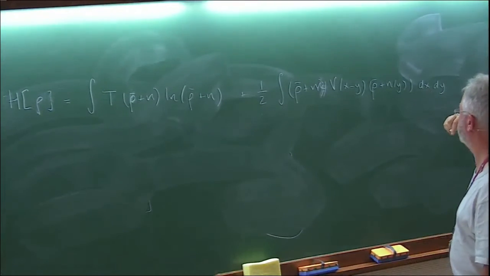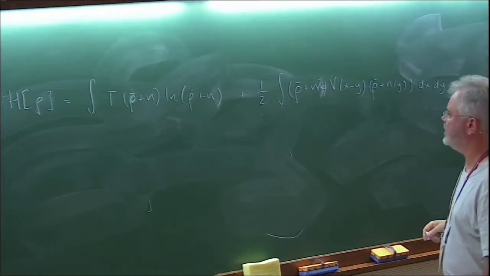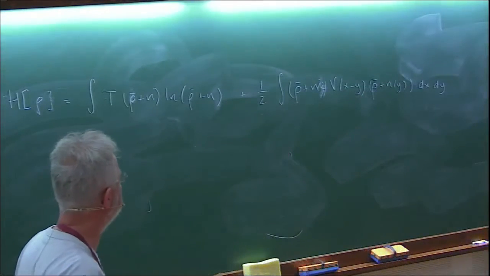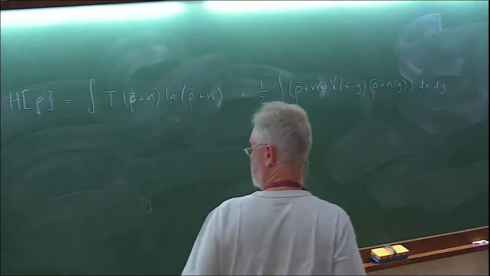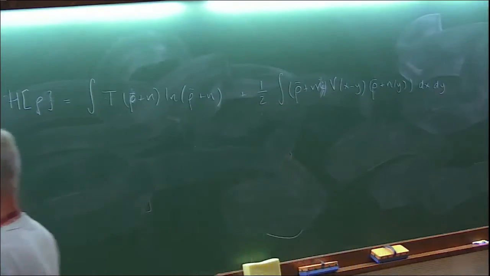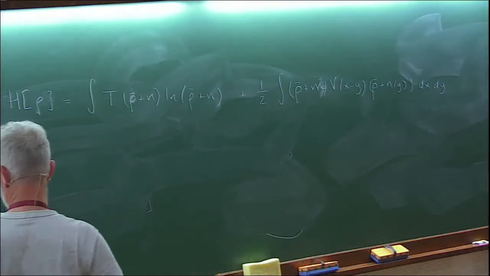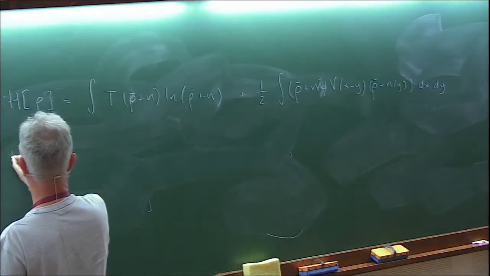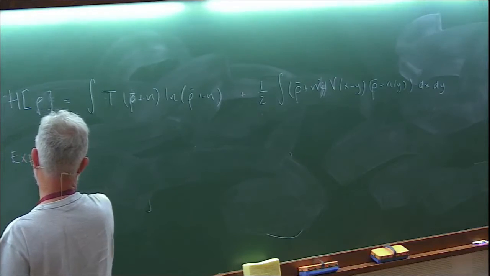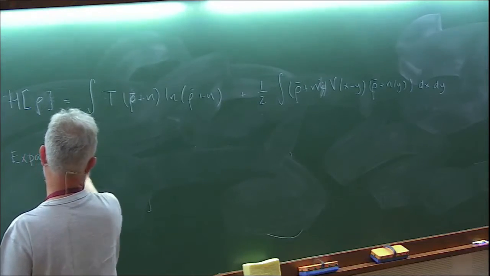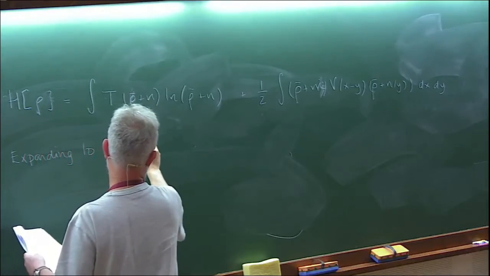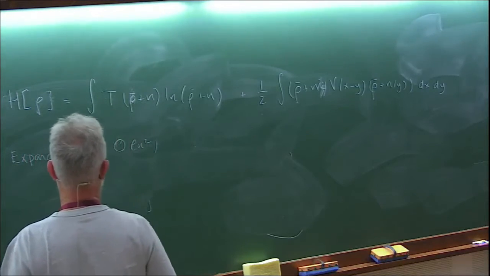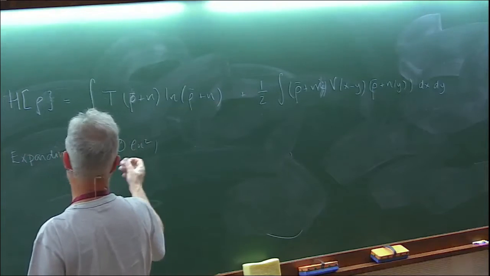If you look at the terms which explicitly depend on n, and use the fact that the integral of n vanishes, expanding to order n squared, there's no order n term. You can verify the order n term cancels or doesn't contribute.